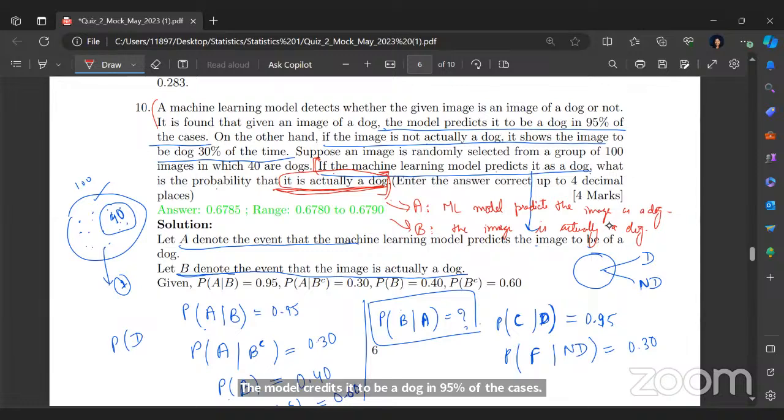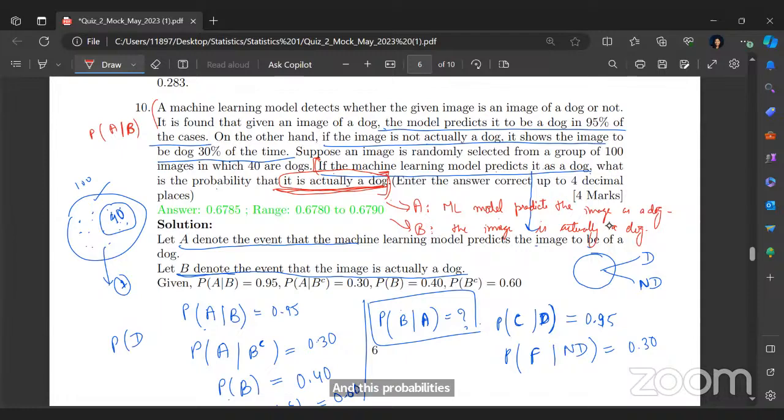Given the image of a dog means what? It is event B. So given B, the model predicts it to be a dog. That was defined as event A, right? And this probability is 0.95.